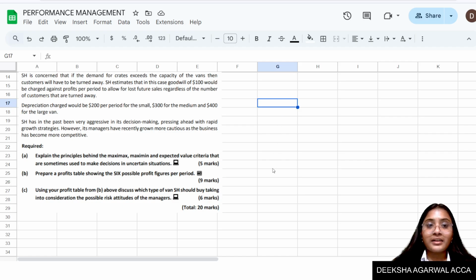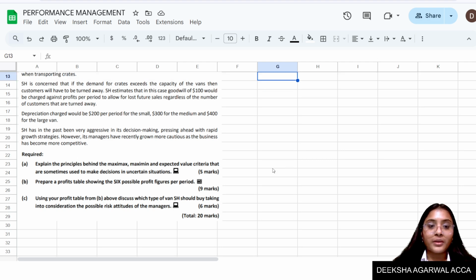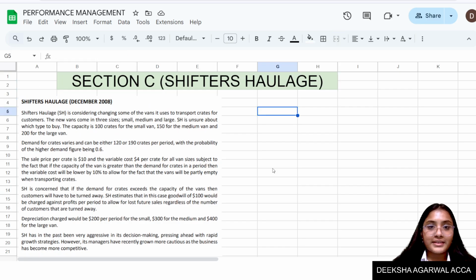You need to understand this is a simple question they're asking us, the meaning behind them. Prepare a profit table showing all the six possible profit figures per period. Using your profit table from part B above, discuss which type of van Shifter Haulage should buy, taking into consideration the possible risk attitude of the managers. Okay, so let's get started with it.